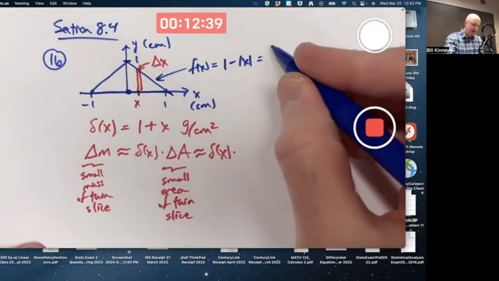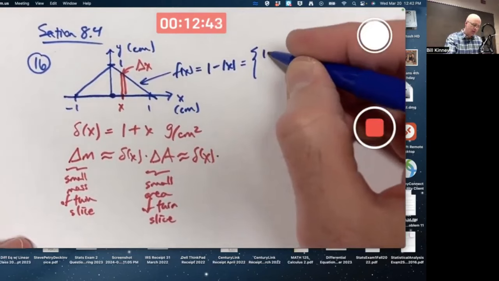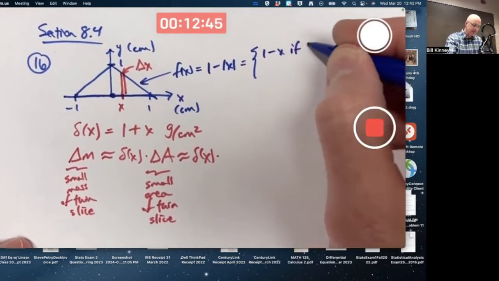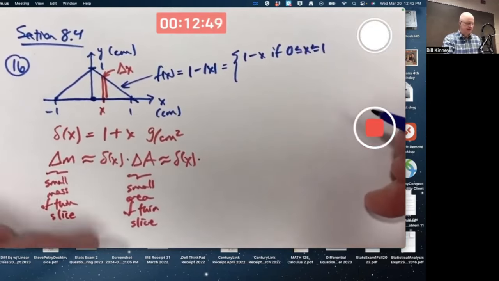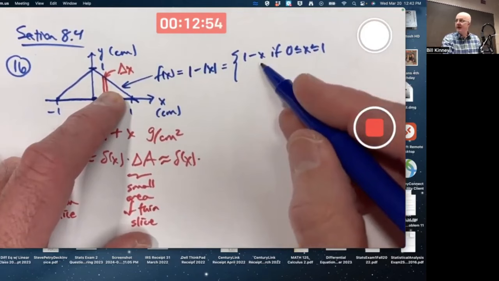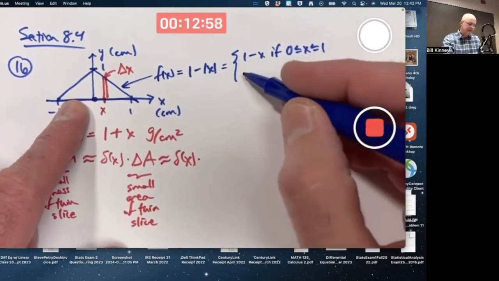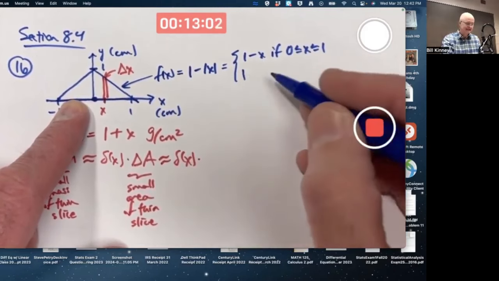You could think of that as a piecewise function if you like. Absolute value of x equals x when x is positive. So this is 1 minus x if x is between 0 and 1. You also see this part of the graph has a y-intercept of 1 and a slope of -1. On the other hand, if x is negative, the absolute value of x is the opposite of x.